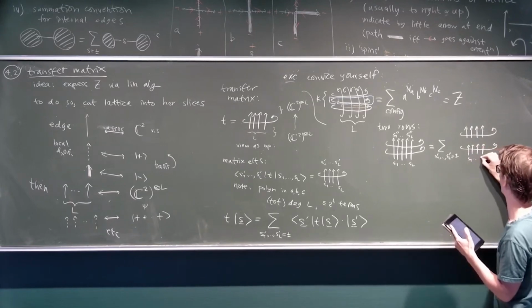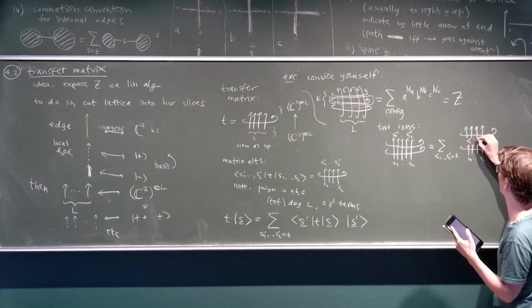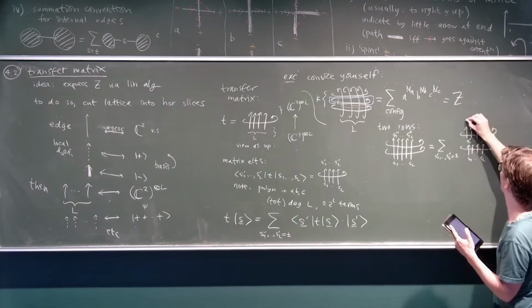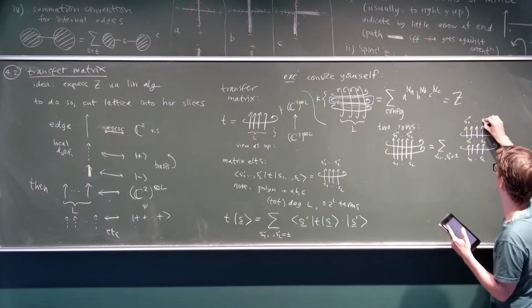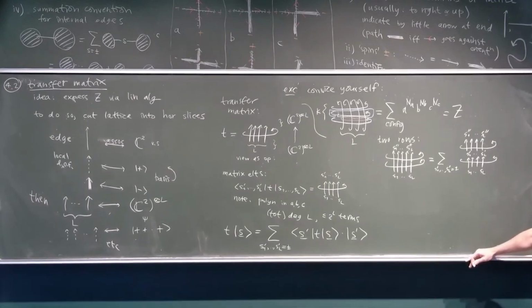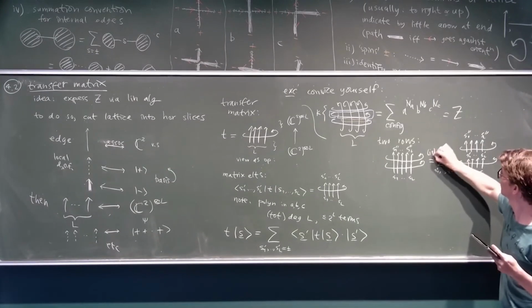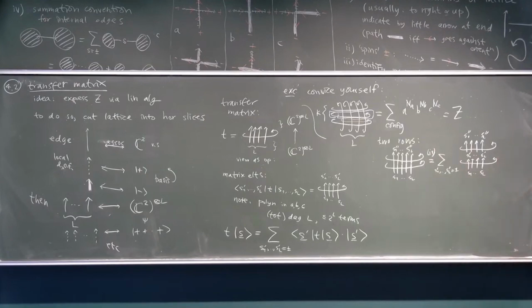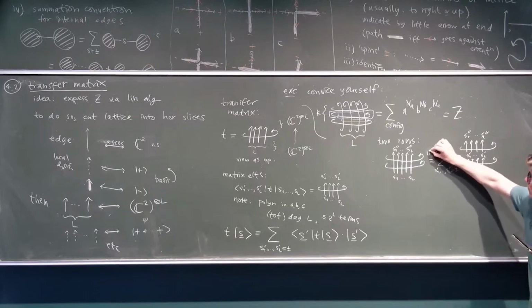At the bottom I have S1 up to SL, then in the middle I have S1 prime up to SL prime, and then at the top I have S1 double prime up to SL double prime. Right, this is our graphical rule, the summation rule, which was our rule number 4.